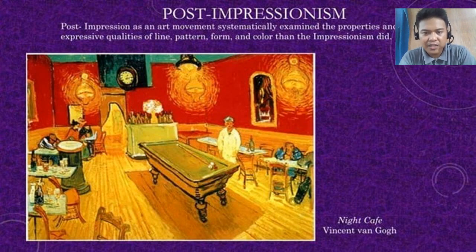They are expressive on those qualities, unlike Impressionism, which is attempting to capture different moments. Okay, so this is Post-impressionism, just like the Night Café by Vincent van Gogh, and even The Starry Night by the same Vincent van Gogh is also part of Post-impressionism.